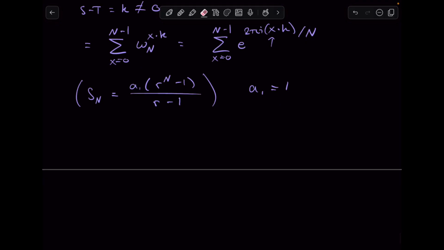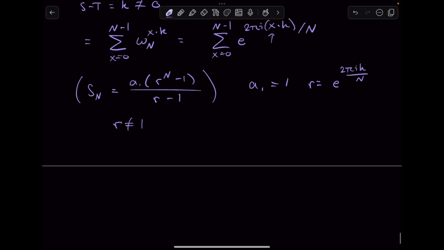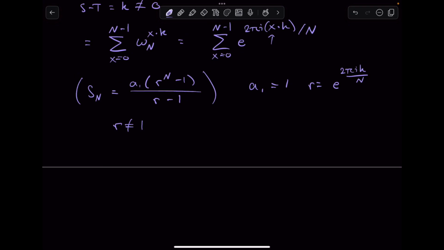So in particular, the ratio r is going to be e to the 2 pi i k over n. So now we actually know everything to plug in here. And this sum is actually only for the case where r is not equal to 1. So when r is equal to 1, things change here, obviously. And in this case, r is clearly not equal to 1.